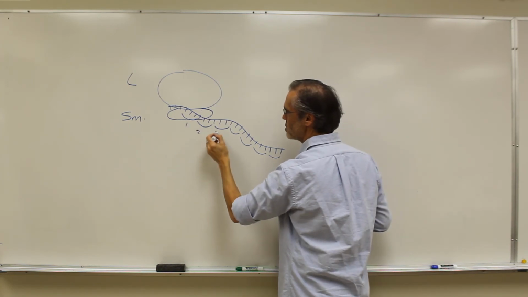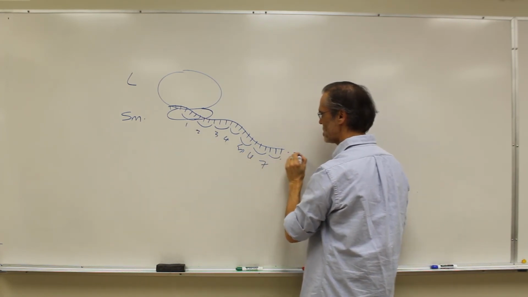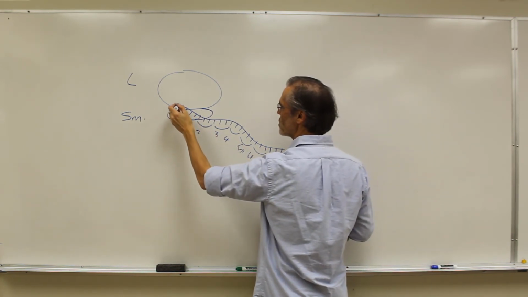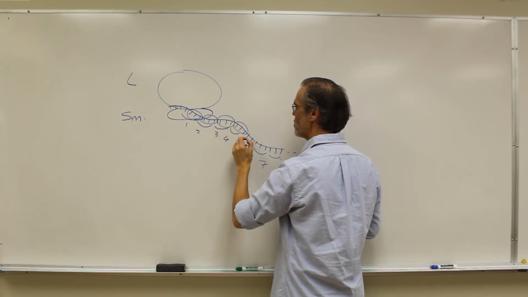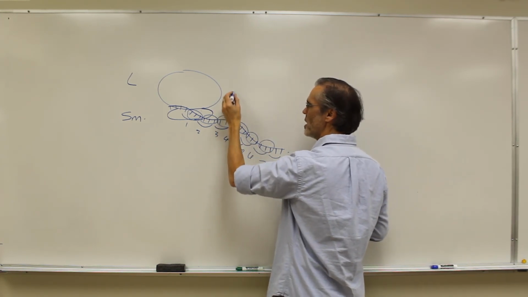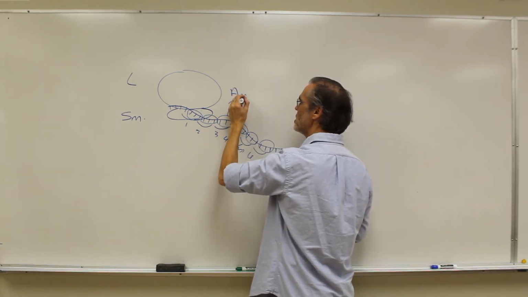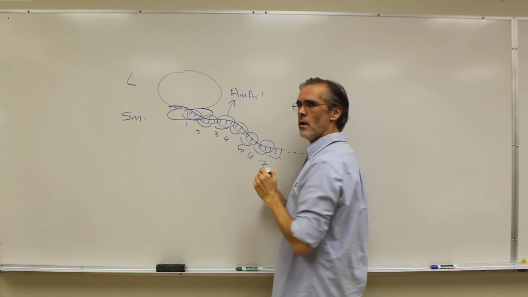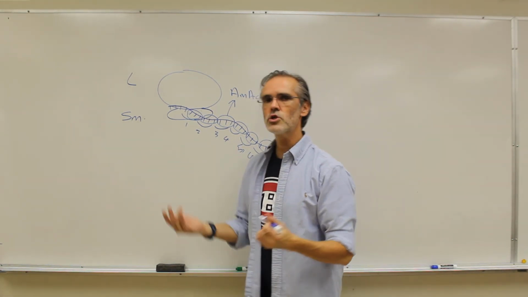So we have 1, 2, 3, 4, 5, 6, and 7, etc. The ribosome is going to read and stop every time at every single one of those codons, and will decide this codon here codes for amino acid number 1, and then amino acid number 2, and amino acid number 3, etc., etc.